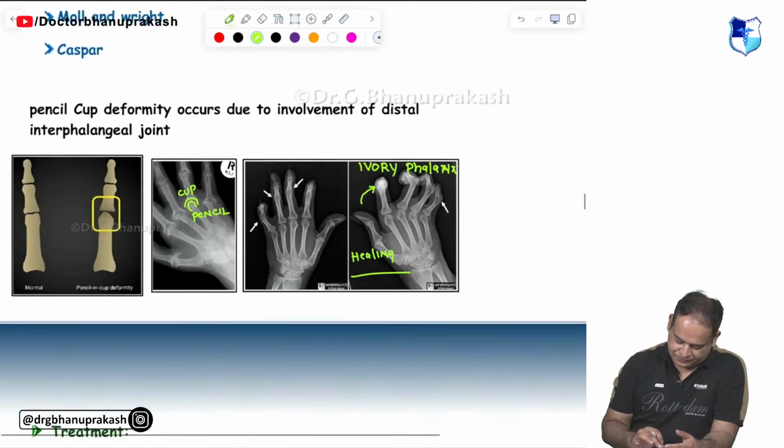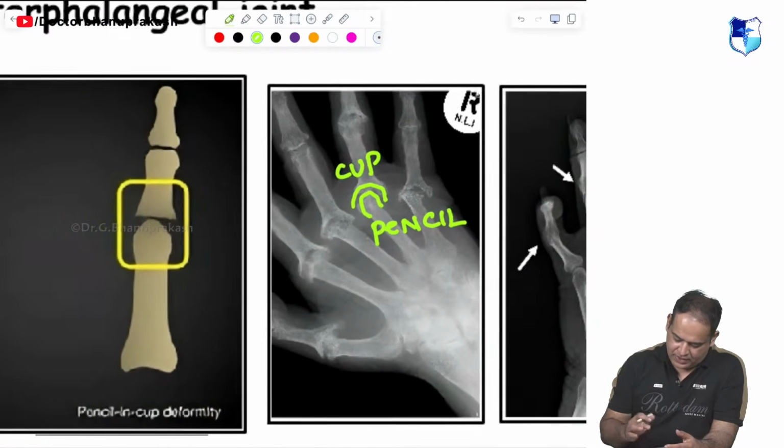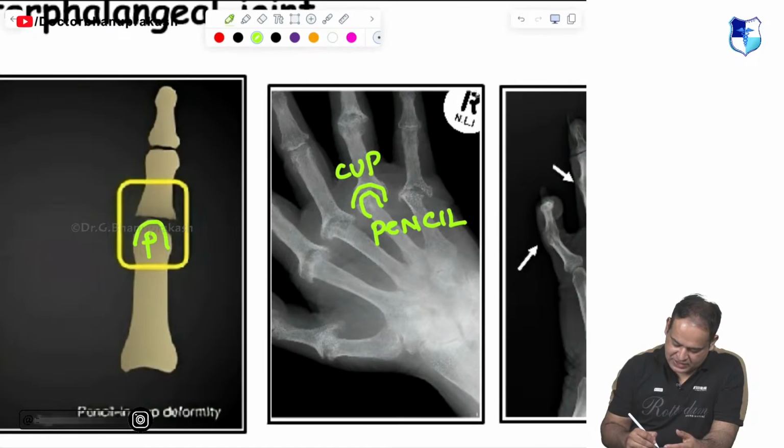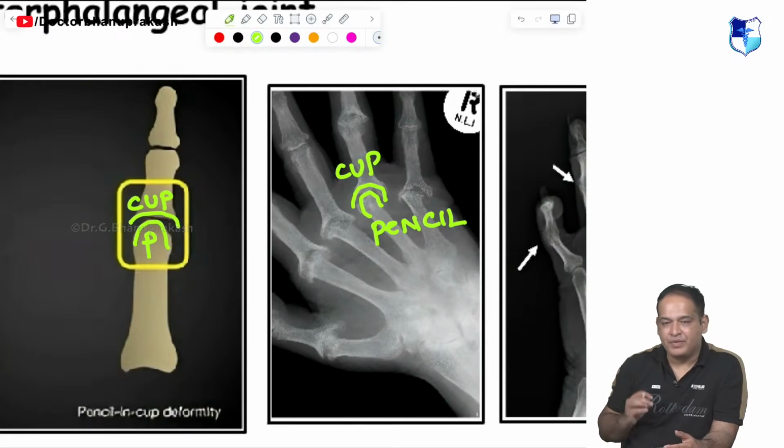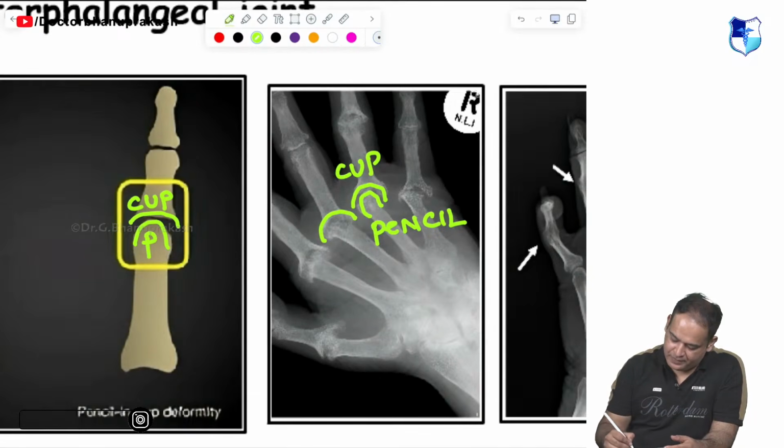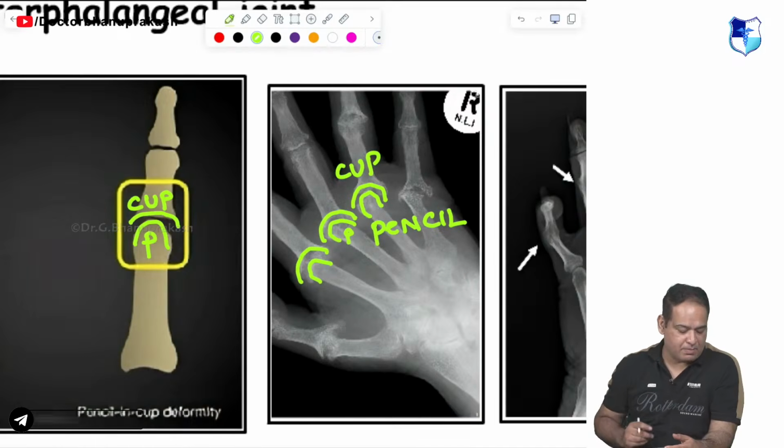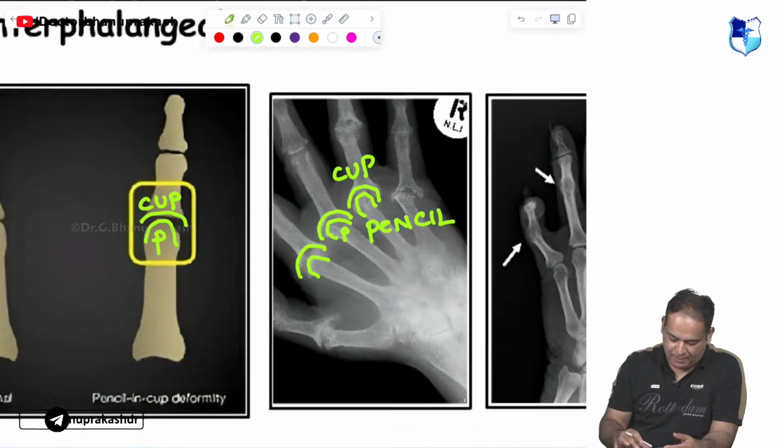See here, what happens is, this becomes the pencil and this is going to become the cup. Pencil in the cup appearance. देखो जी, ये cup और ये pencil. Pencil in the cup appearance.